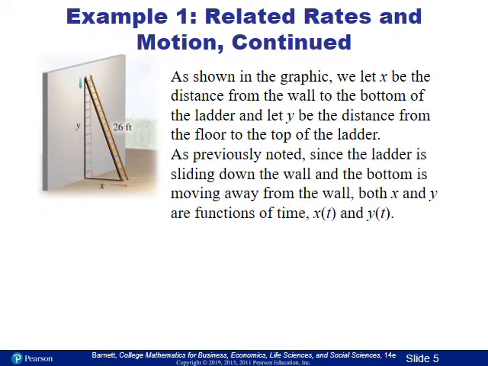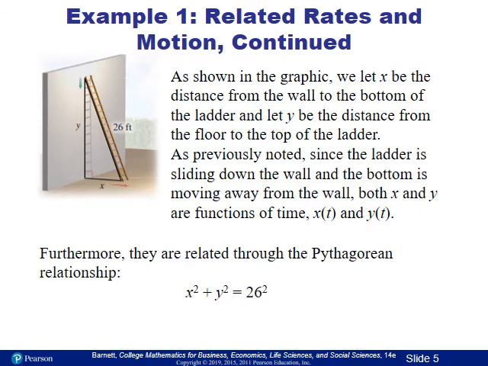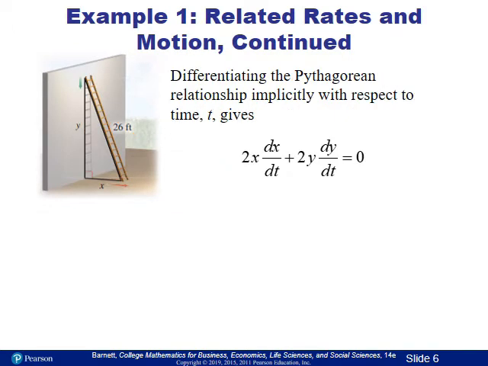So in that case, we use the Pythagorean theorem: x squared plus y squared equals 26 squared. Now we want to know dx by dt, and if we differentiate it, our function is x squared plus y squared equals 26 squared.